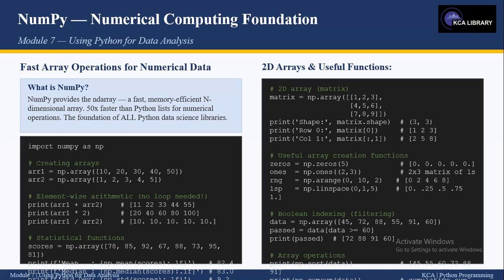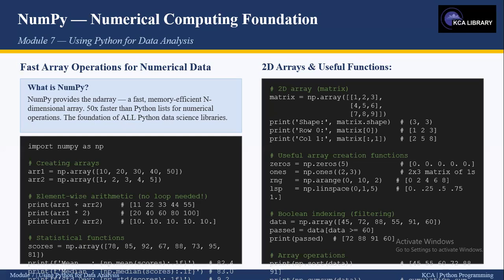Array2 equals np.array, open parentheses, square bracket 1, 2, 3, 4, 5, close the square bracket and close the parentheses. So this is the example of how you can create an array.